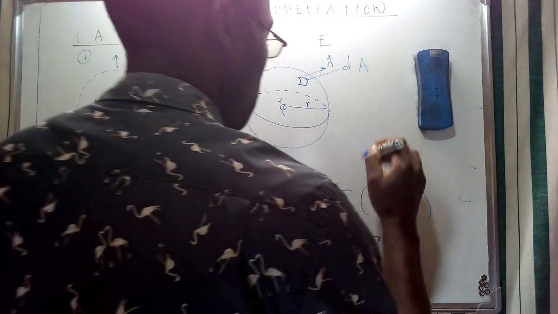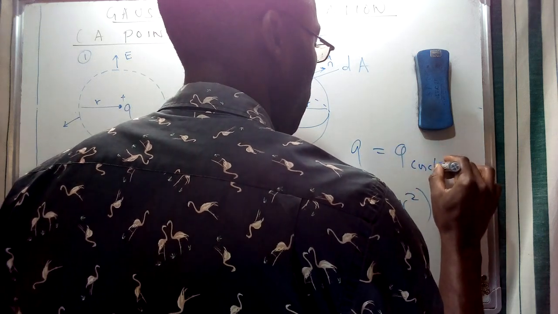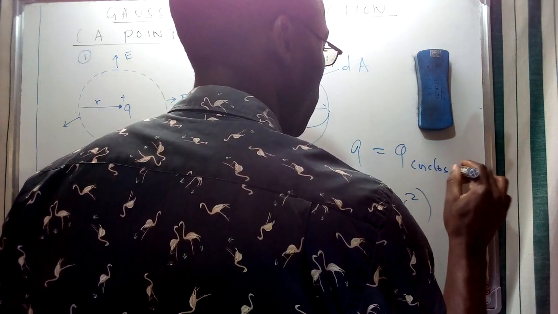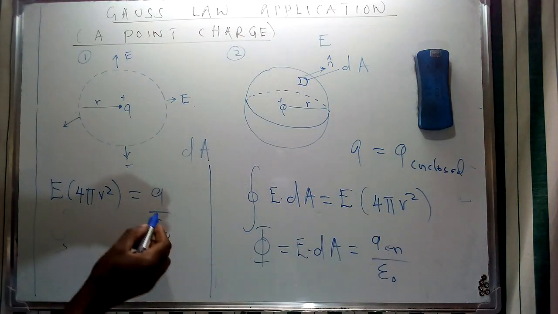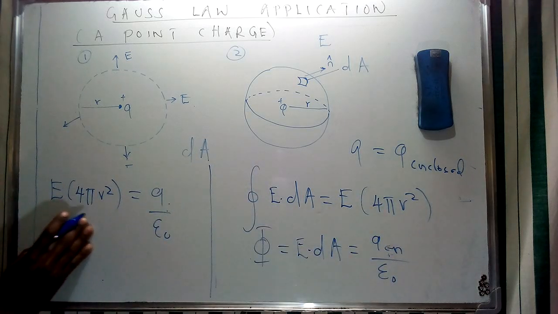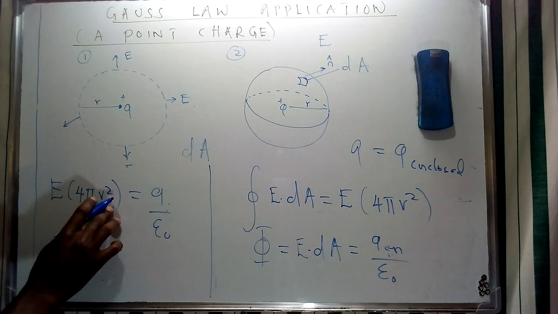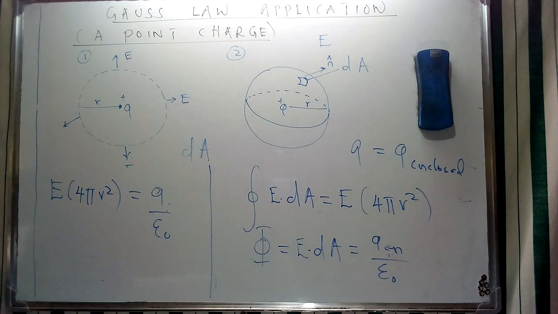We had said that for this particular surface, the charge is equivalent to the charge enclosed. So the equation is not going to be affected, since we have equated this charge. Therefore, this formula is true: E 4 pi r squared is equivalent to charge over epsilon naught.